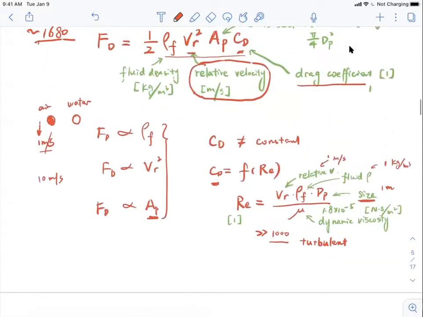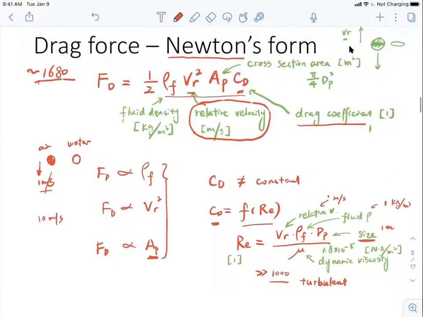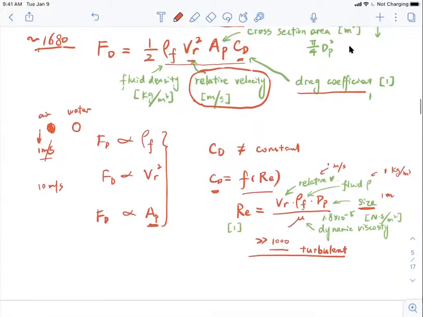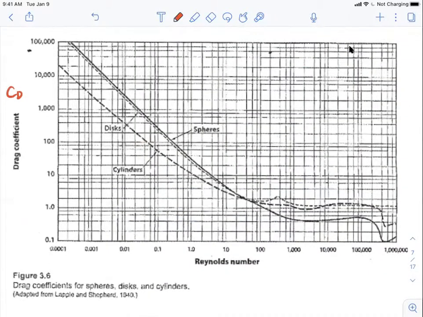Remember, we derived the CD, or we actually showed the CD is a function of the Reynolds number. And we showed that in the time of Newton, so the objects or systems he was dealing with are mainly turbulent systems. This is a plot showing how the CD changes as a function of the Reynolds number.